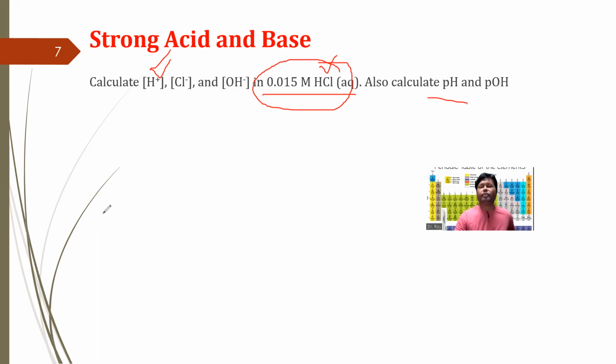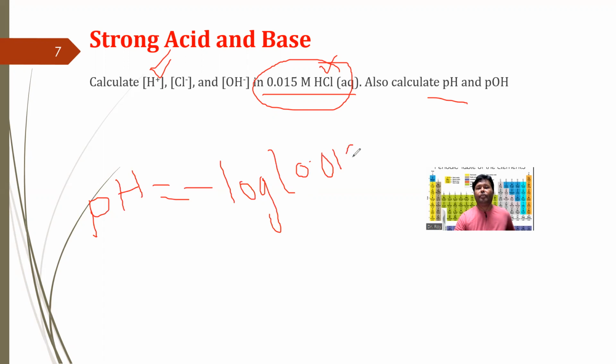Now we can find out the value of pH. The value of pH equals minus log of the concentration of H plus. We have already mentioned the value of H plus, 0.015.